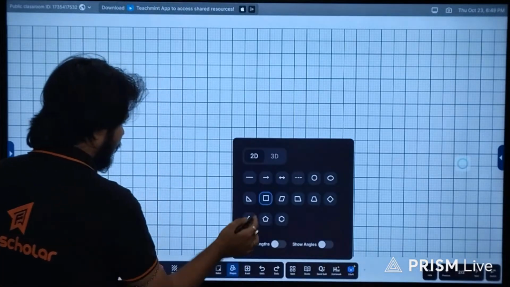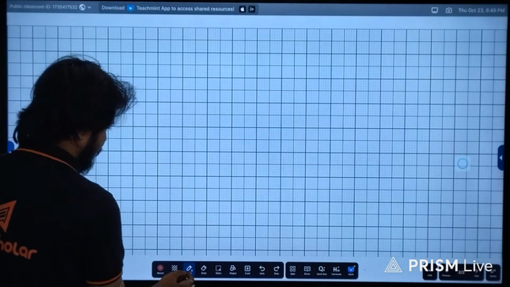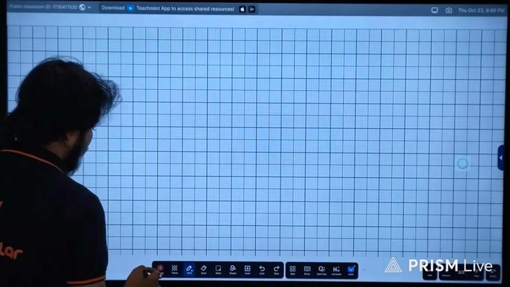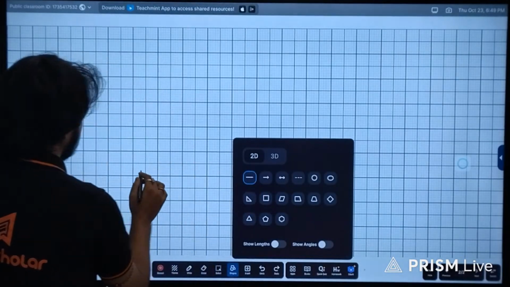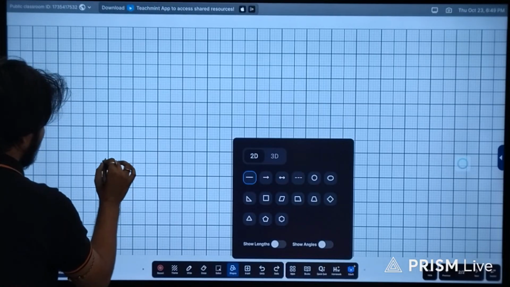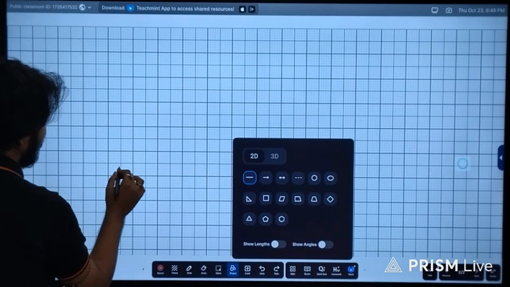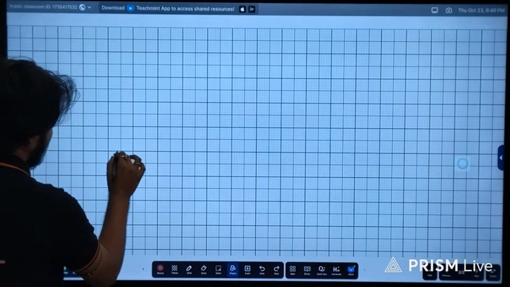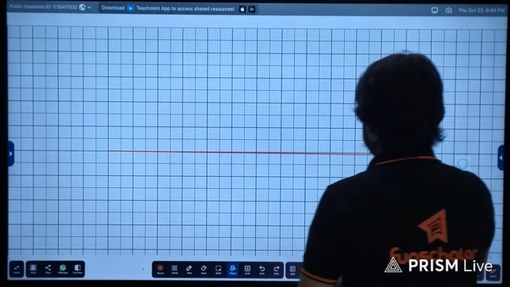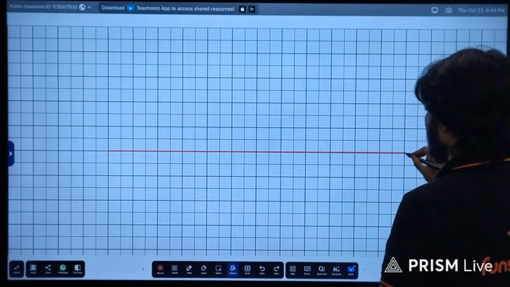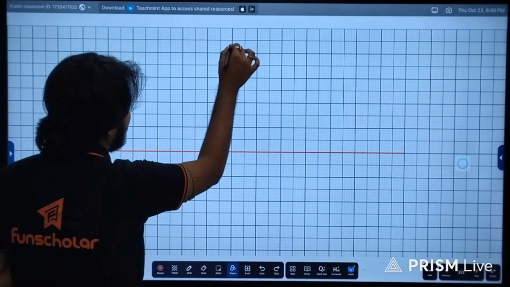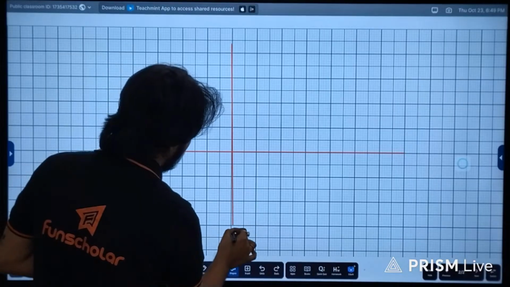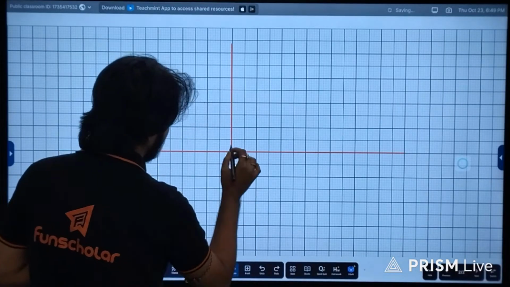If we draw the axis, now we are going to draw the x-axis first. Suppose this is the x-axis over here, and this is the y-axis.